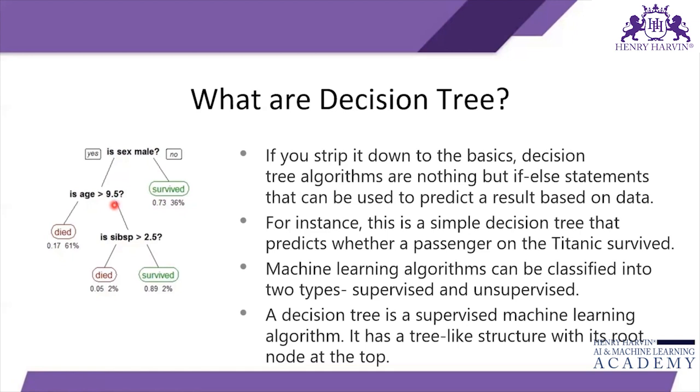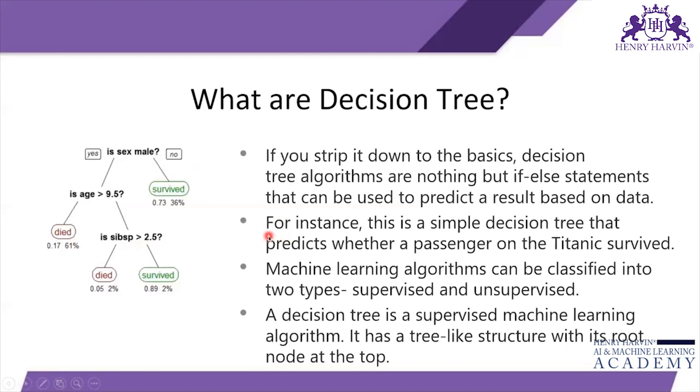If the male person's age is not greater than 9.5, then is he a really small child? If his age is less than 2.5, then the chance that the child survived is high. So as you can see from this decision tree, we just make some if-else statements using our data, and we make a tree and predict whether the person survived or not.